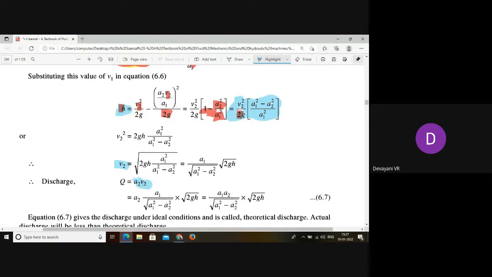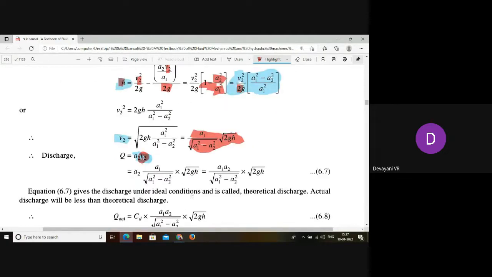Then substituting the V2 value, that is V2 equals A1 by square root of (A1 square minus A2 square) into root 2gh, we get A2 into A1 by root of (A1 square minus A2 square) into root 2gh, and this finally becomes A1 A2 by square root of (A1 square minus A2 square) into root 2gh. So this is the discharge equation, and this discharge is known as the theoretical discharge.